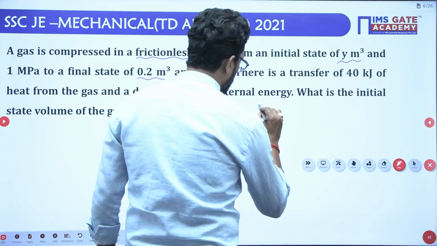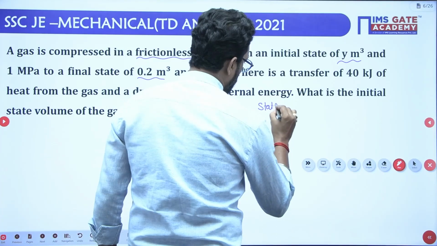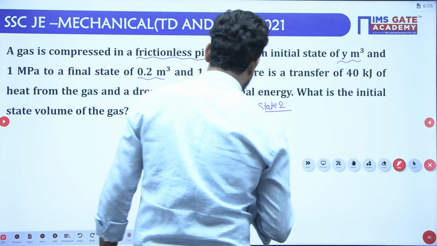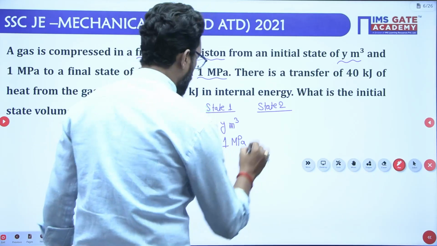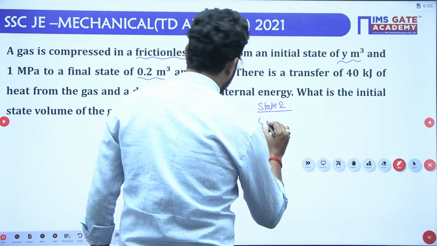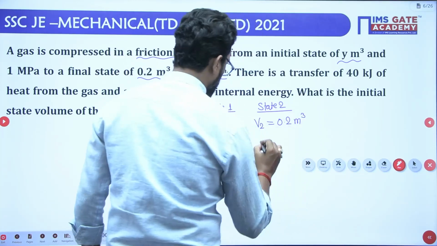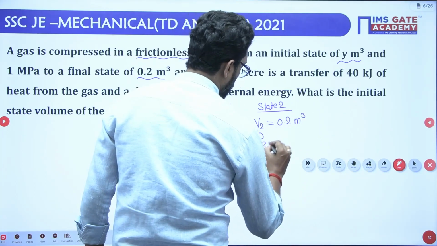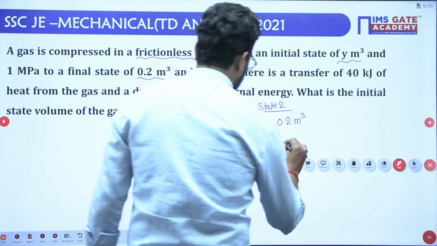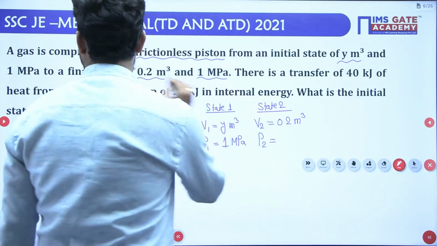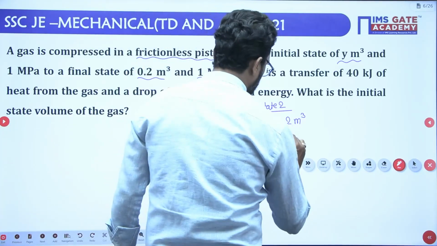State 2: what is the final volume V2? 0.2 meter cube. What is P2? 1 megapascal. See, 1 megapascal and 1 megapascal, constant pressure is there.